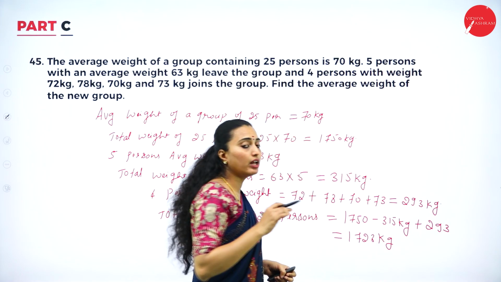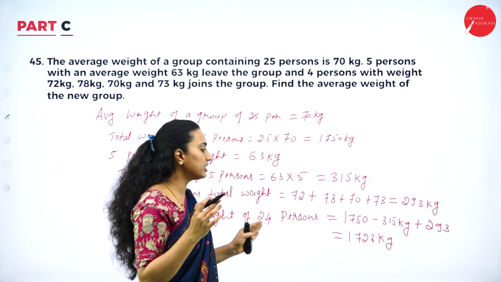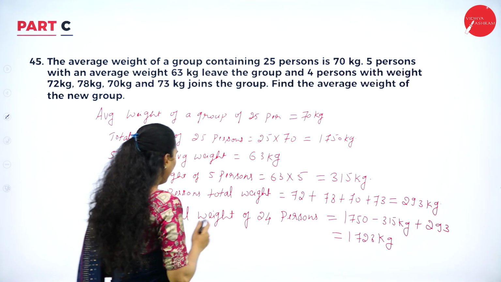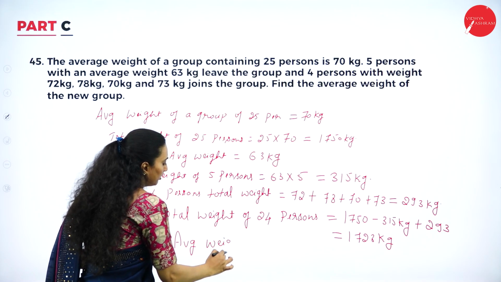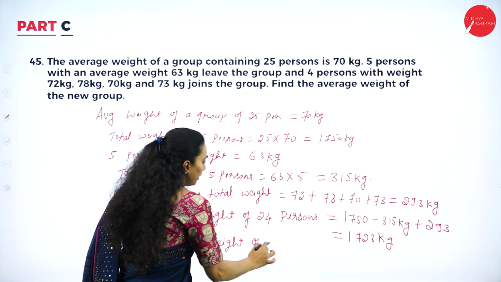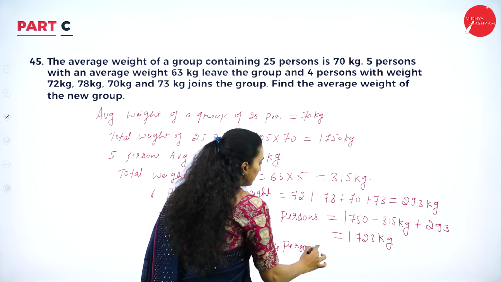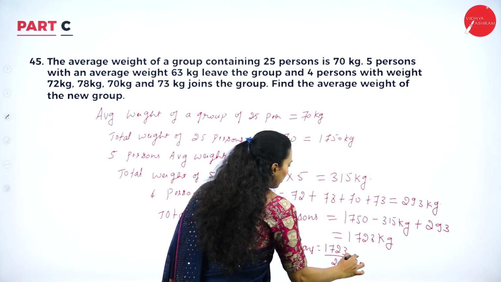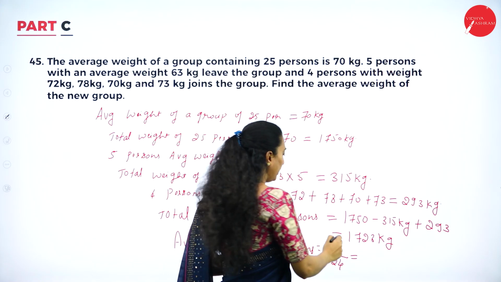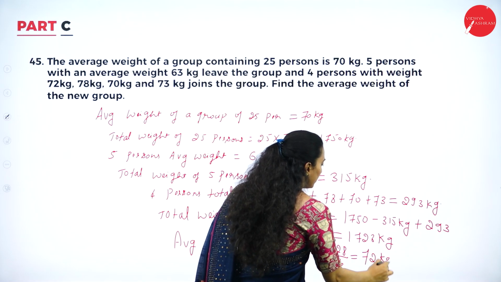But this is the total weight of the 24. What is the average weight? The average weight will be 1728 divided by 24. That's it. So the average weight of the 24 is equal to 1728 divided by 24. So the answer is 1728 kg divided by 24, which gives you 72 kg.